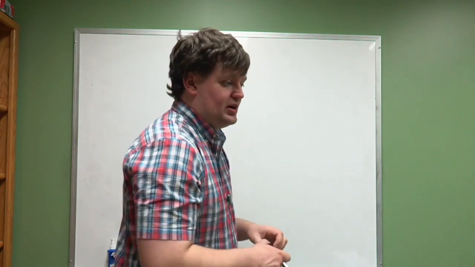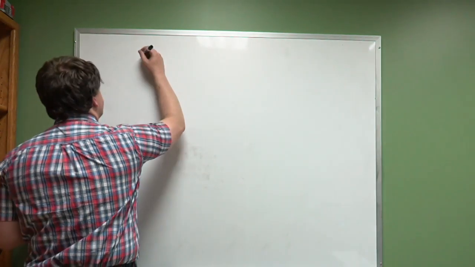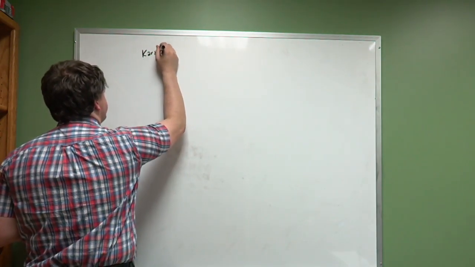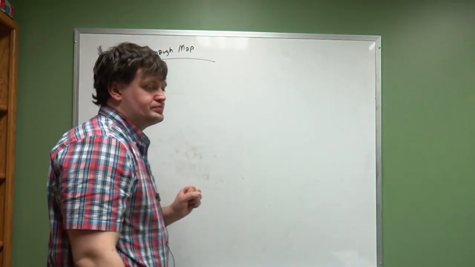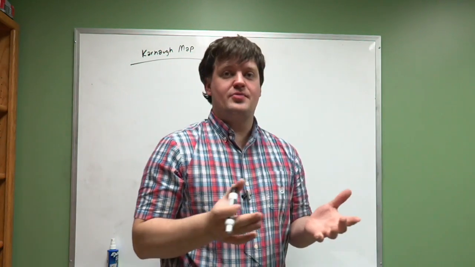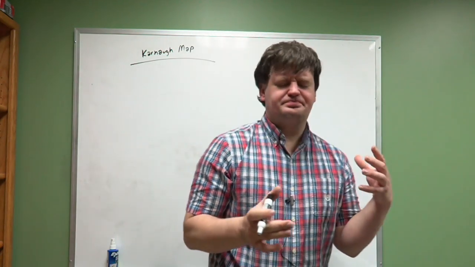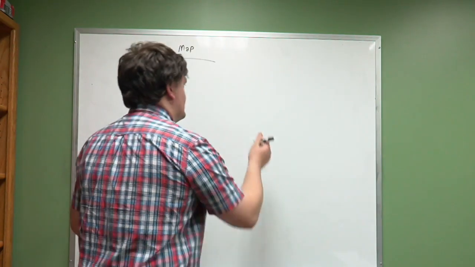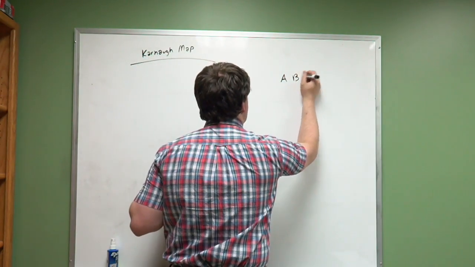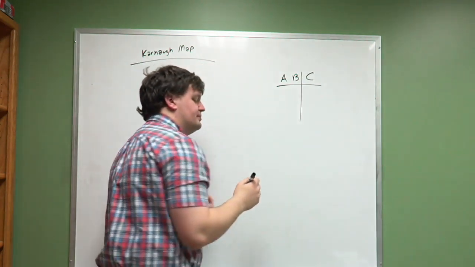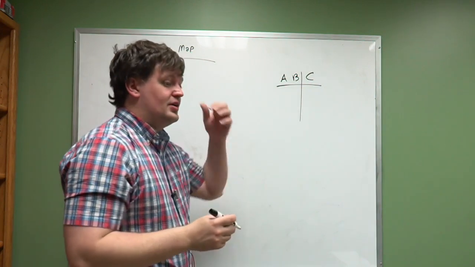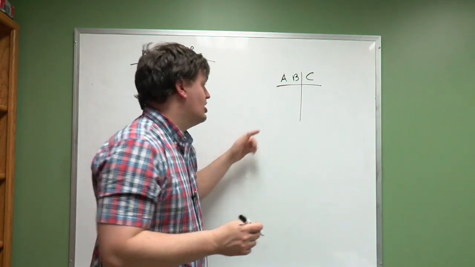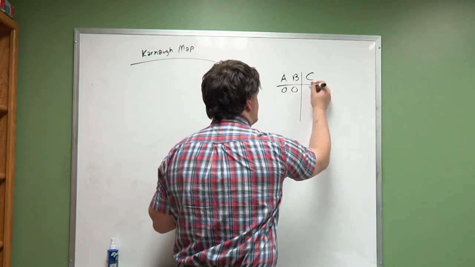Boolean algebra. Let's talk about Karnaugh maps. What is a Karnaugh map? So the idea behind a Karnaugh map is, if I have a truth table, I've got A, okay, and in my truth table, I know that let's say if I want switch one to be off, switch two to be off, I want this to be on.